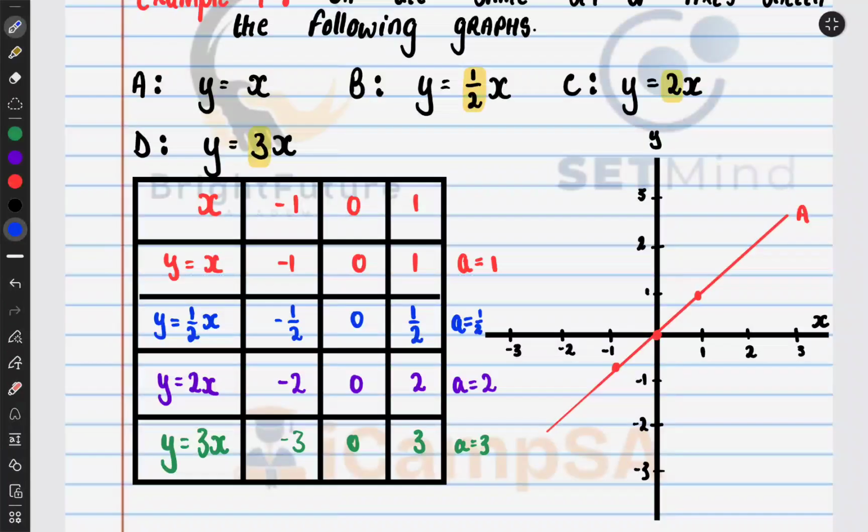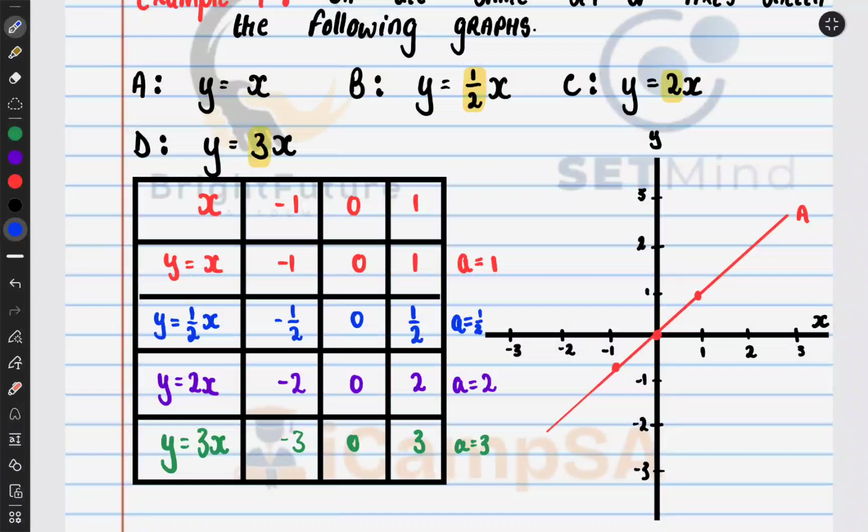Okay, so as you can see, we start with the mother function where a is equal to 1, and then we go to the second function, where a is equal to 1 over 2. This a is equal to half. So we are decreasing, we are reducing the value of a. From what we know, we said when we increase the value of a, the steepness of the function also increases.